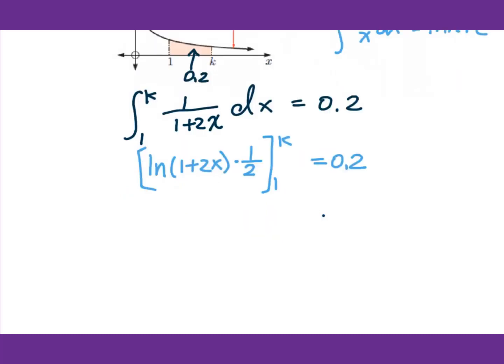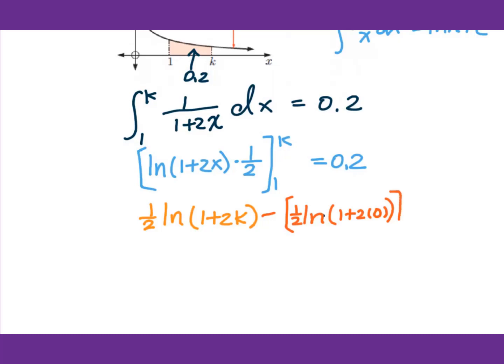We plug in k first, so natural log 1 plus 2k, that 1/2, let me put over here. Then minus natural log of 1 plus 2 times 0, then 1 over 2, equals 0.2.